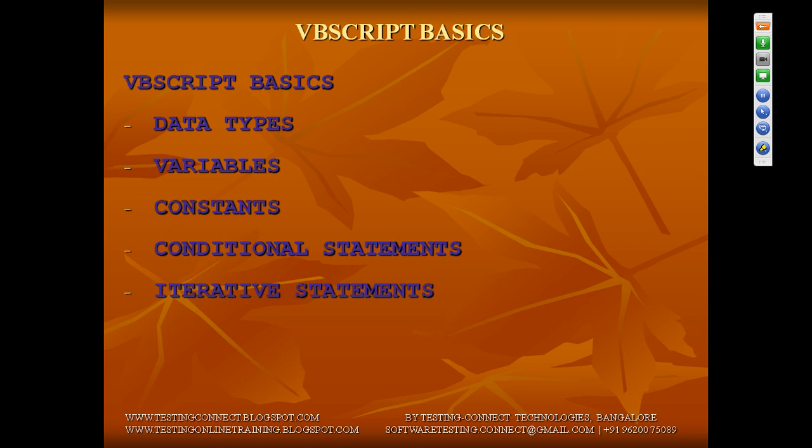Data types, variables, constants, conditional statements, iterative statements, in every programming language, every package, the concept will be the same, but the syntactic rules and grammatical rules may vary a little bit. Okay, that's what we'll try to see.